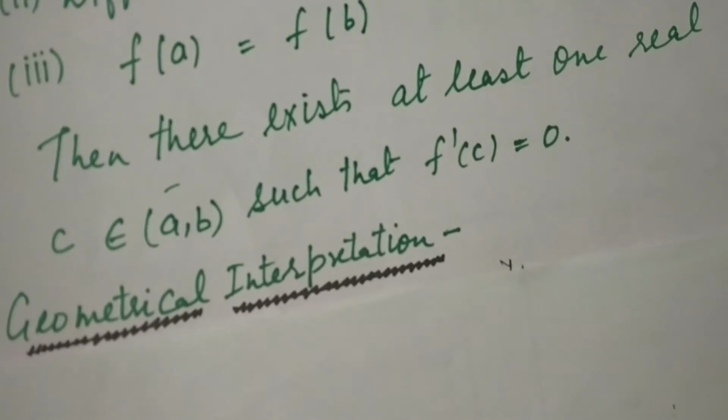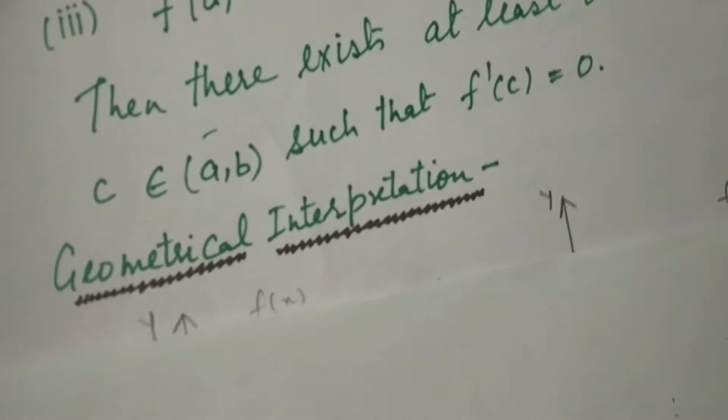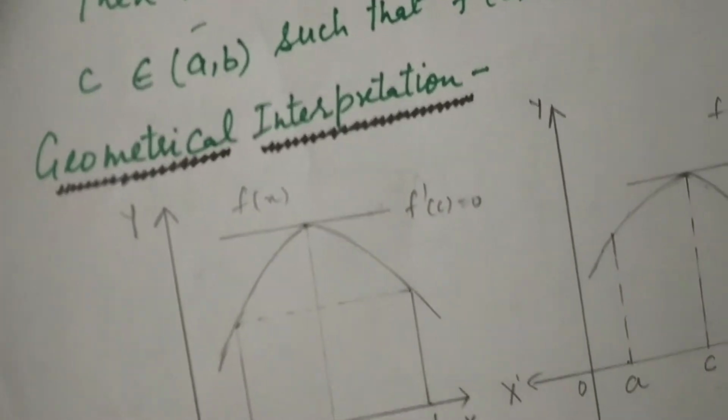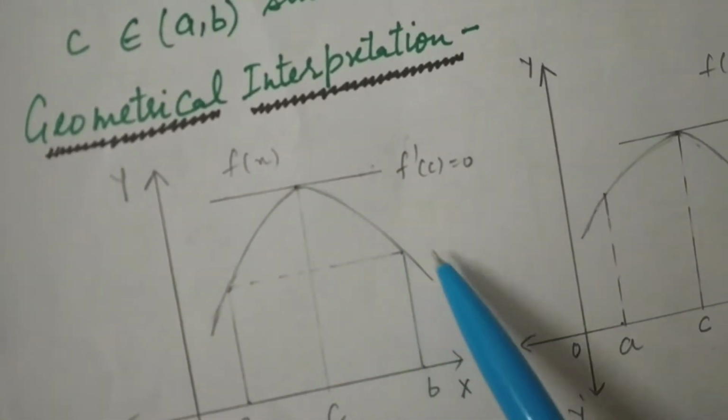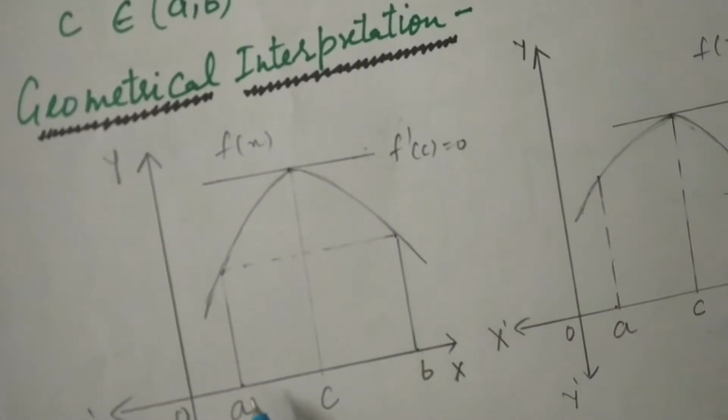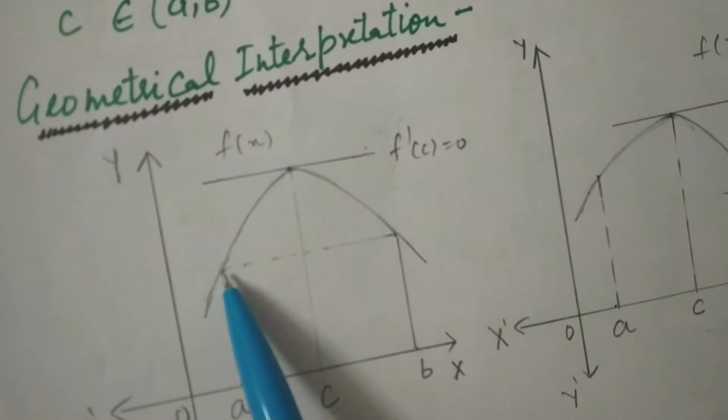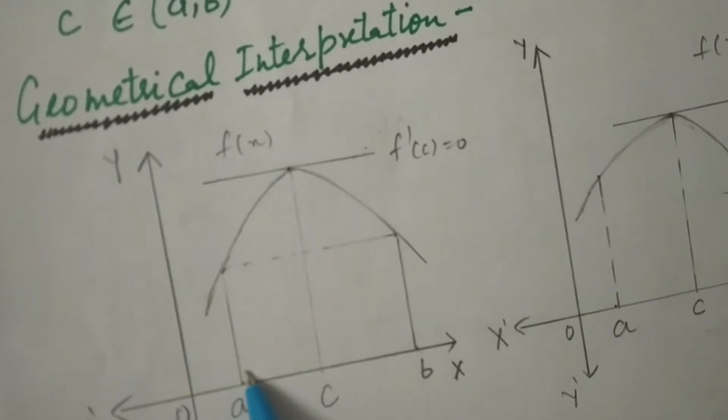Now, how do we present this geometrically? We can see this graph. This is the graph of the function f(x), and we have taken the interval [a, b] such that f(a), the vertical value here, is equal to f(b), the vertical value at the point b.